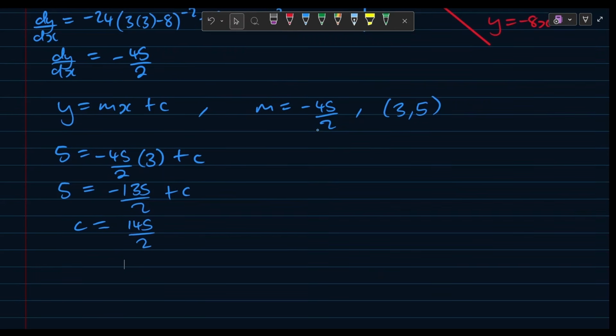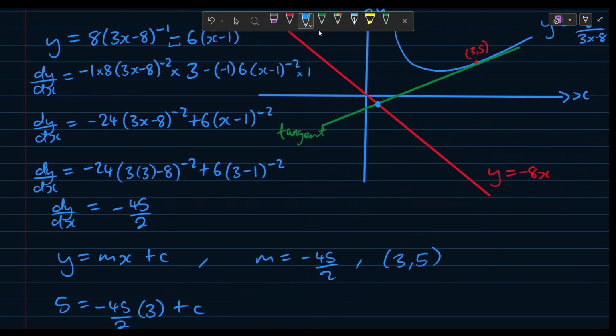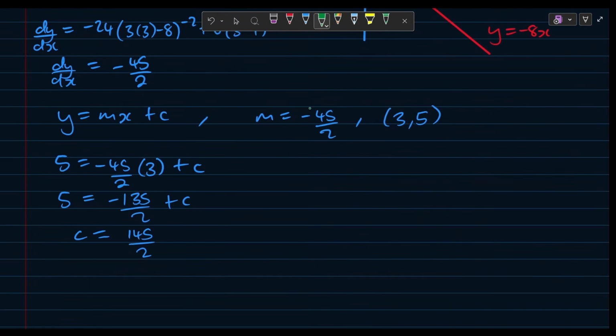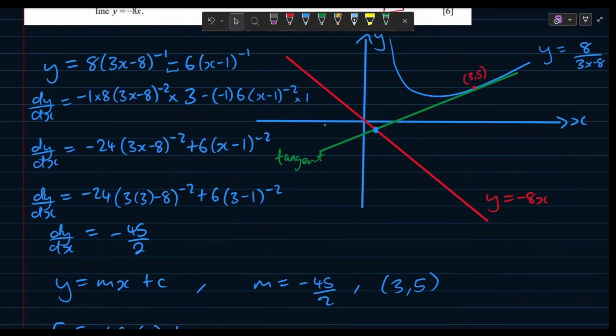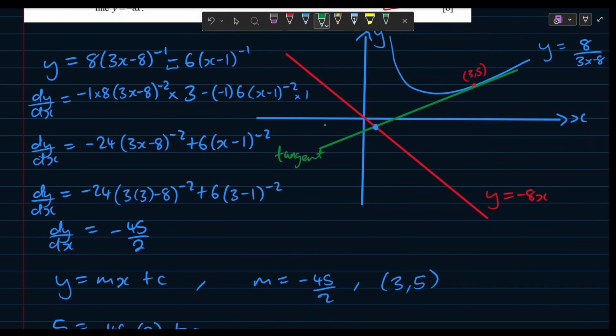So this means the equation of our green tangent is going to be y is equal to our m, which is the negative 45 over 2, x plus our c, which is the 145 over 2, right? That is the equation of our green tangent.